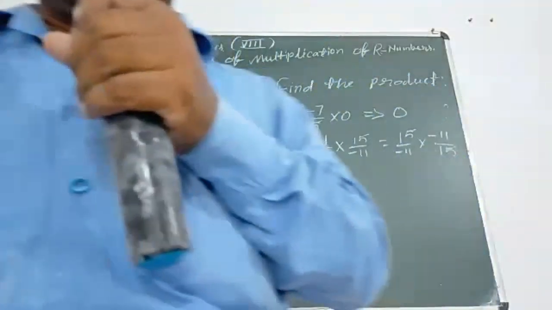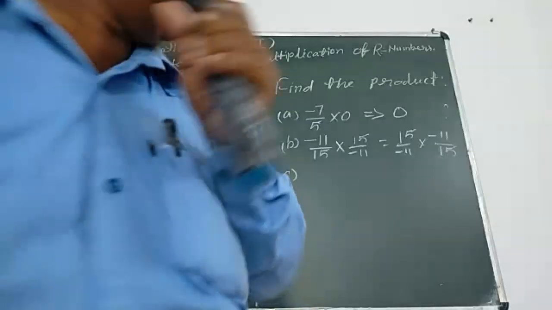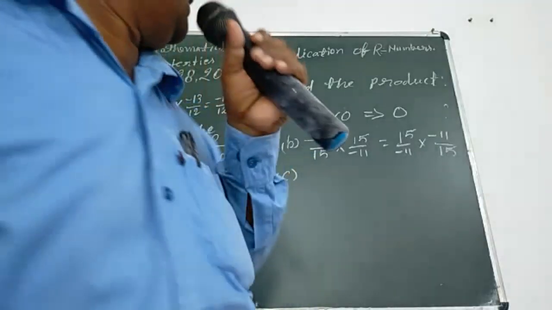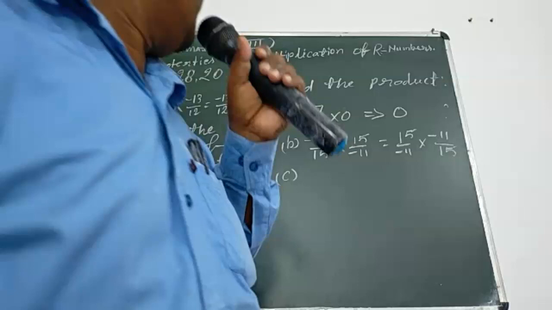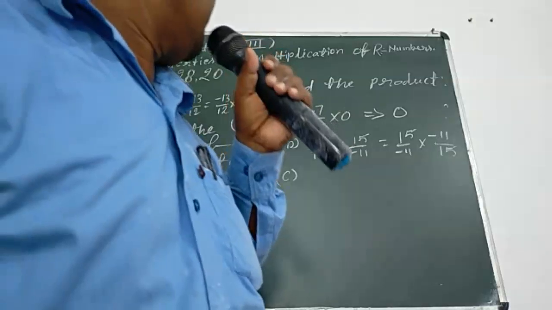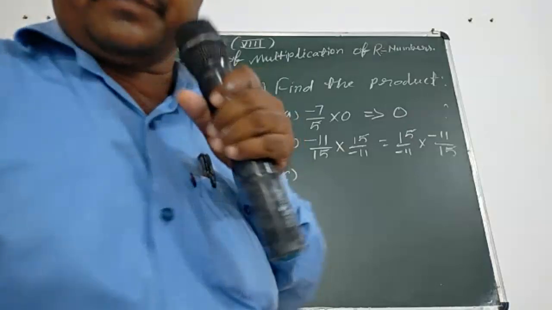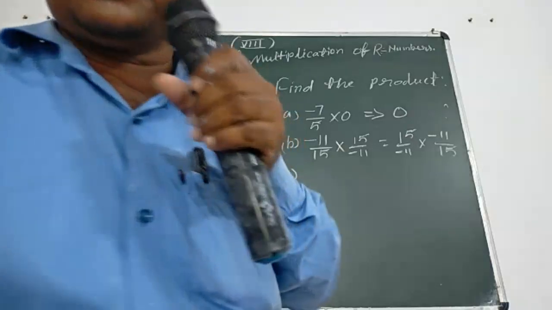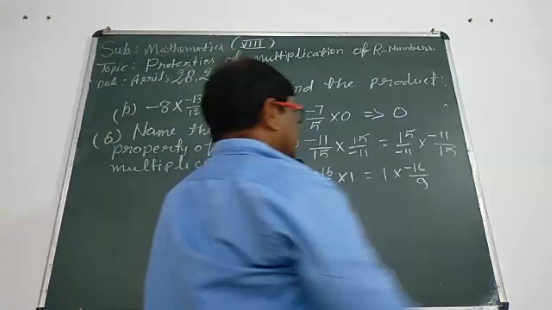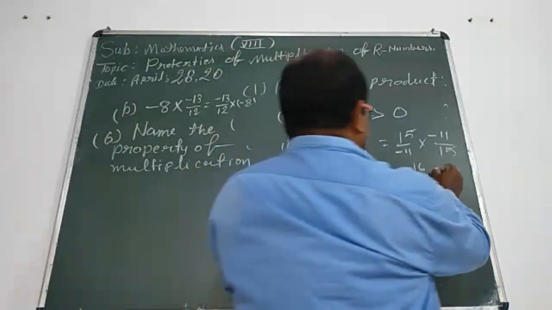Question number C: minus 16 upon 9 multiply 1 equal to 1 multiply minus 16 upon 9 equal to minus 16 upon 9.